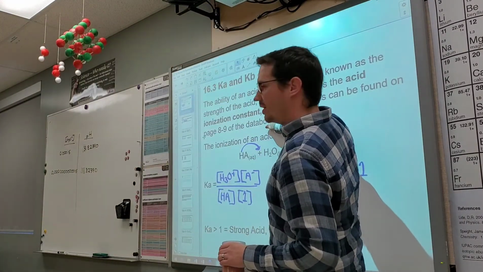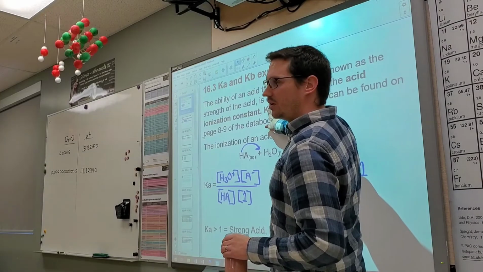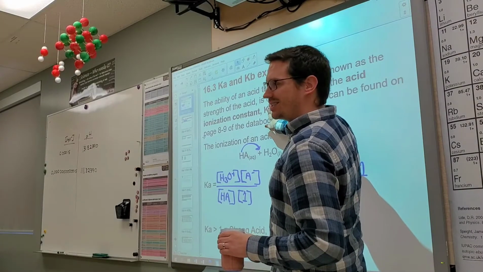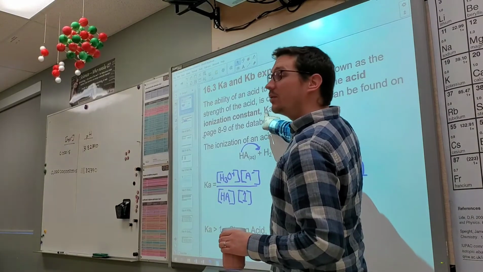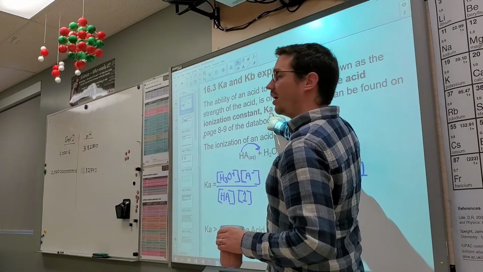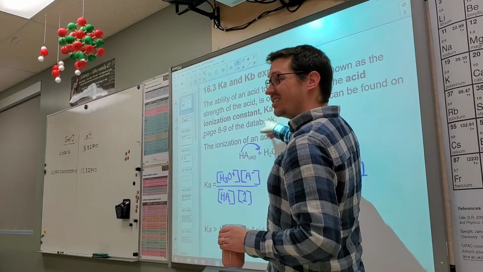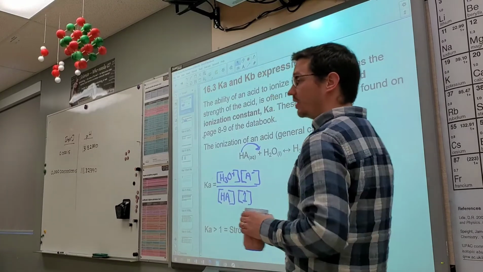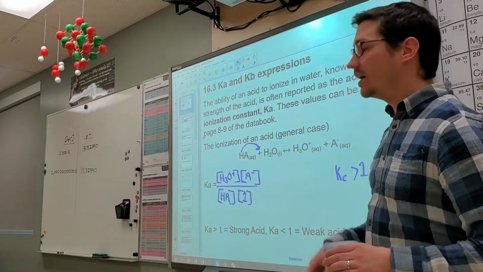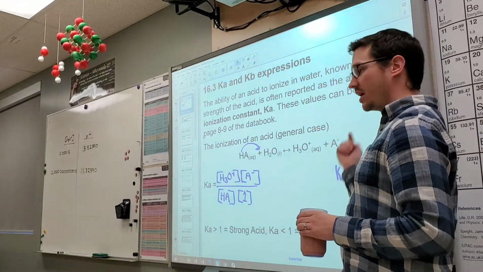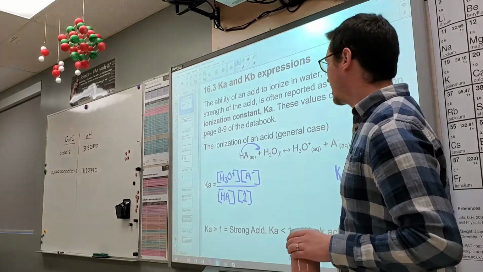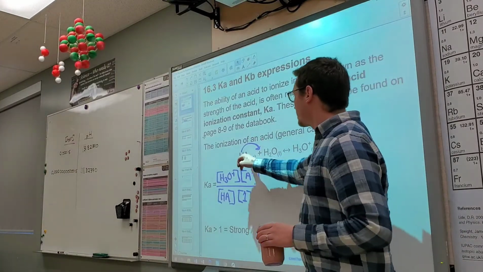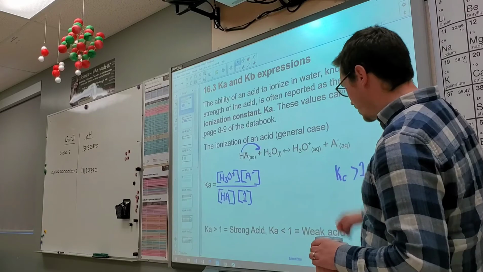What is that always kind of related to? Equilibrium constant, right? And so it's an equilibrium constant for what? An acid reacting with water specifically. Ka is always acid plus water. It gives hydronium and conjugate base. That's always what it is, okay? Acid plus water gives hydronium and conjugate base.